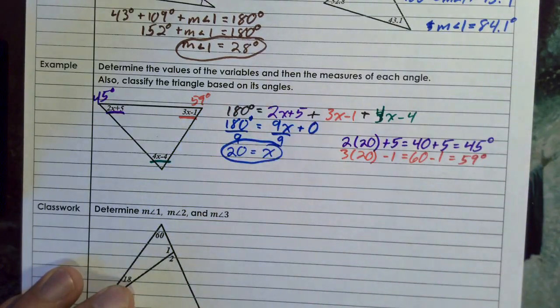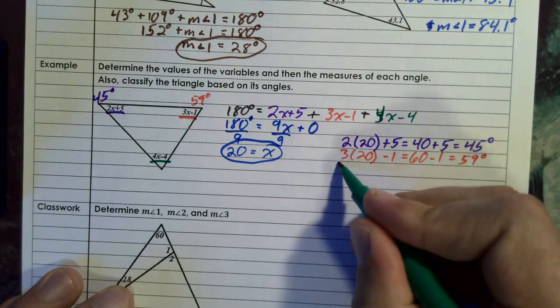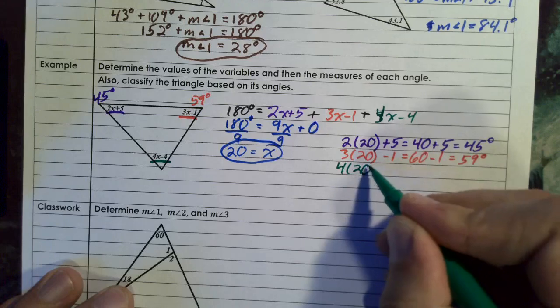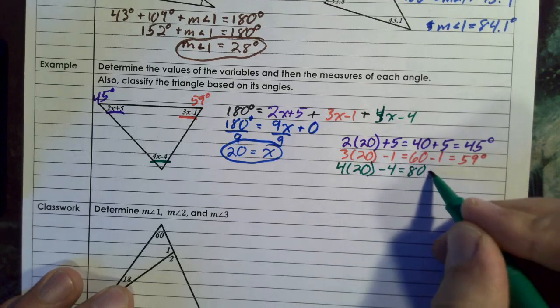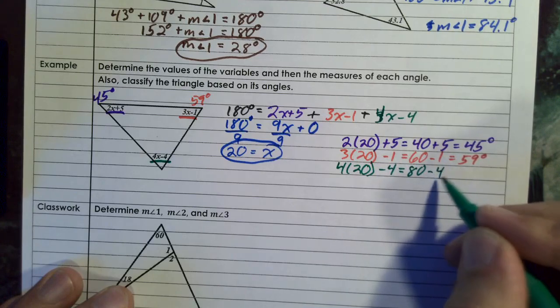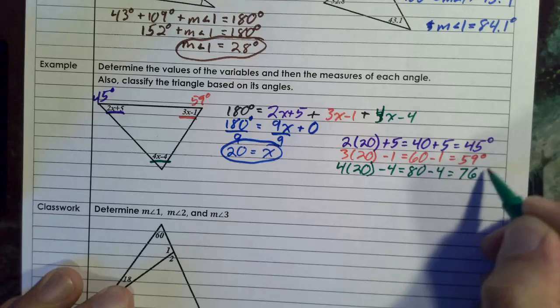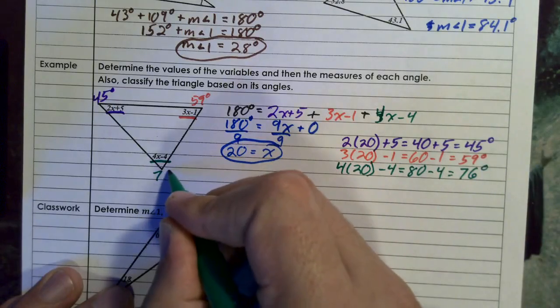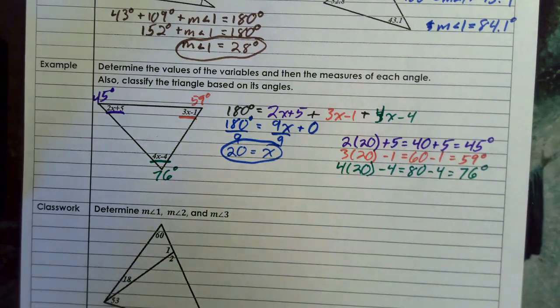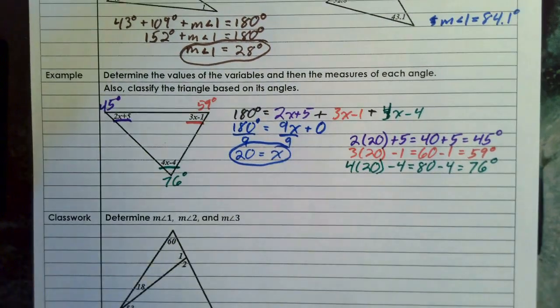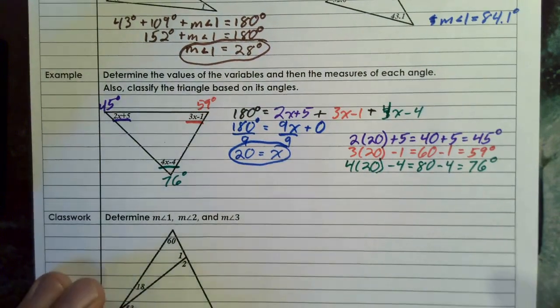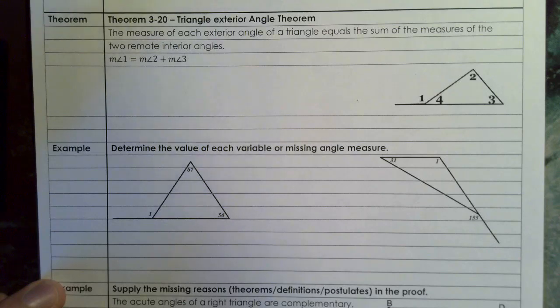Great. And then we got the last one. So 4 times 20 minus 4. So that's 80 minus 4, which is 76 degrees. Cool. So we found the measure of all of our angles and we figured out what that variable was. That's it.